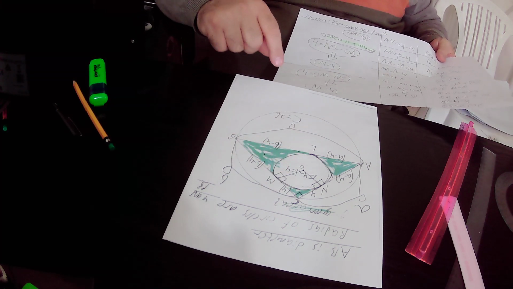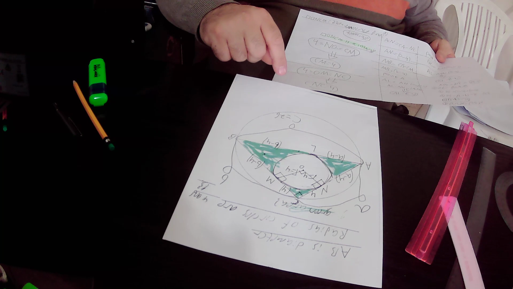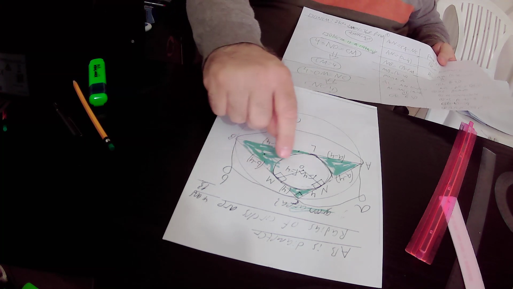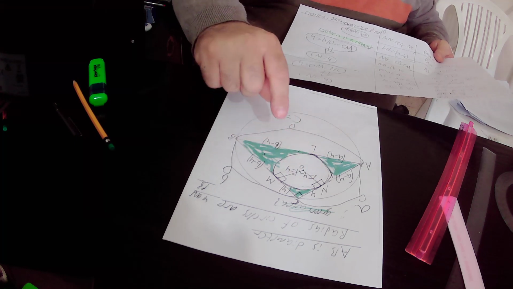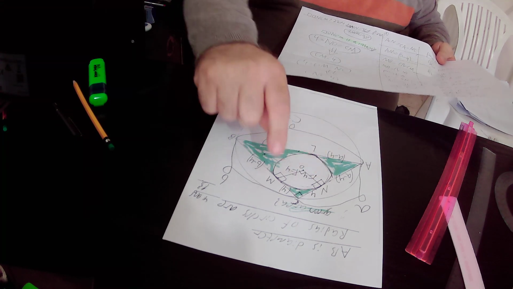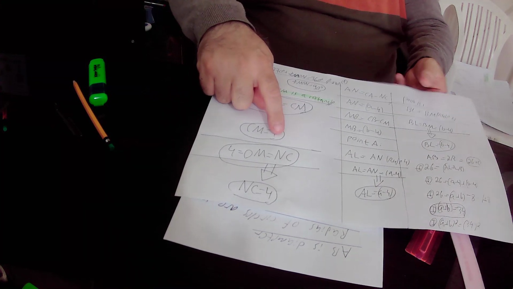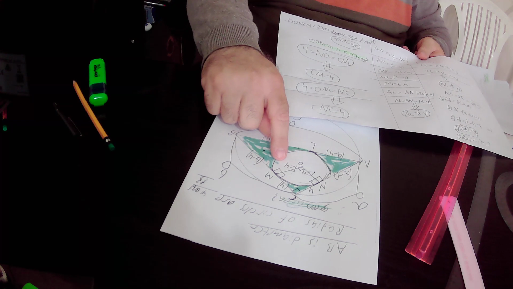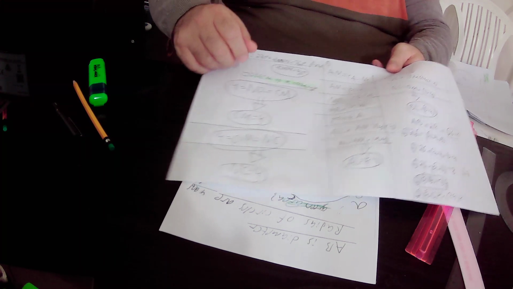Likewise, according to the rule that the opposite sides of a rectangle are equal to each other, we get that OM equals NC in quadrilateral OCMN. But we have already found out that OM equals 4 units. It is the radius of the small circle.